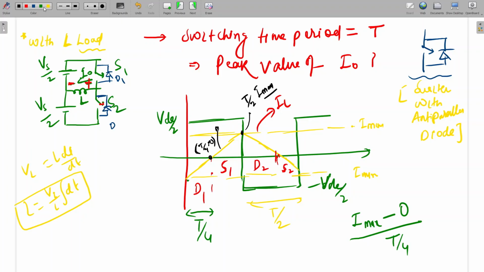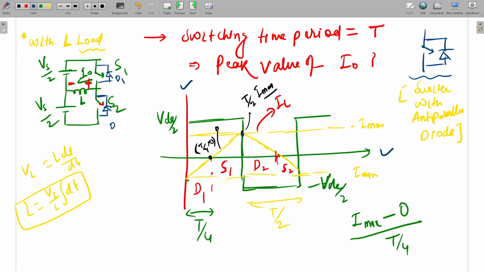So what is the straight line equation? Sir, here is the peak of the inductor current. See, this is the x axis, this is the y axis.